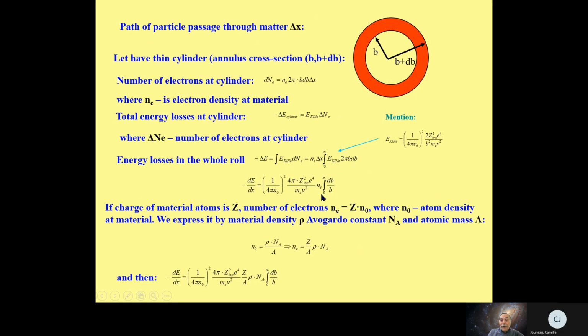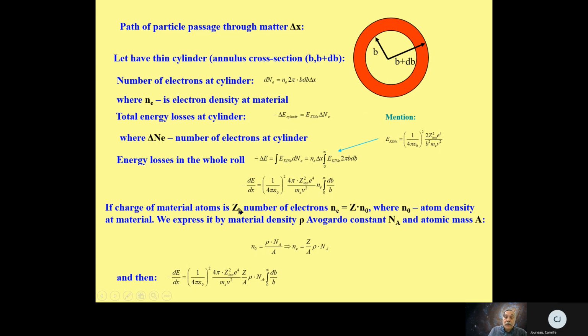We put in this integral only the part which depends on the impact parameter. Here we have constants which are independent of impact parameter, and here we have the number of electrons. And what is the number of electrons? It is given by the number of atoms times atomic number.